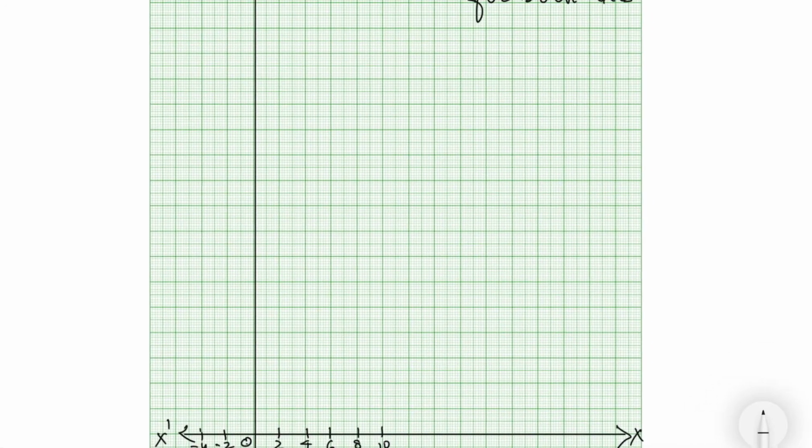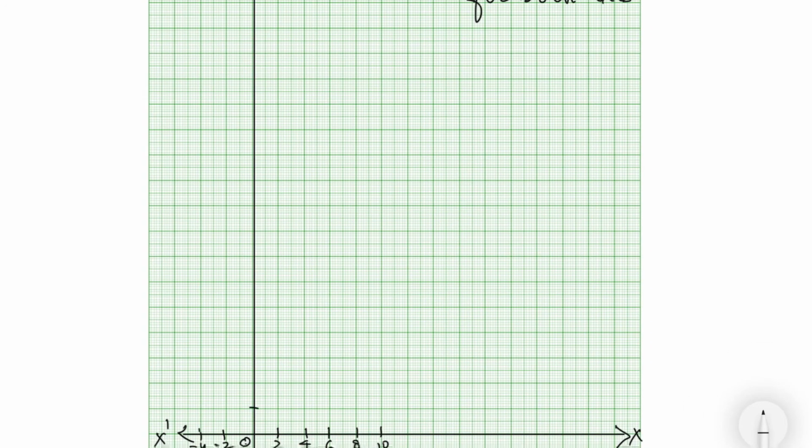Let's mark the positive y-axis: 2, 4, 6, 8, 10, 12, 14, 16, 18, 20, 22, 24, 26, 28, 30, 32, 34, 36.